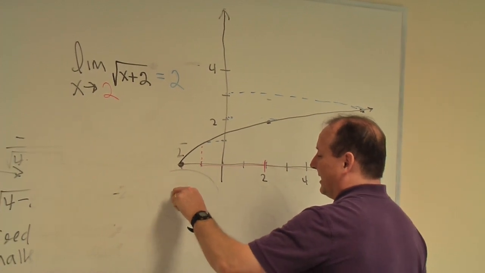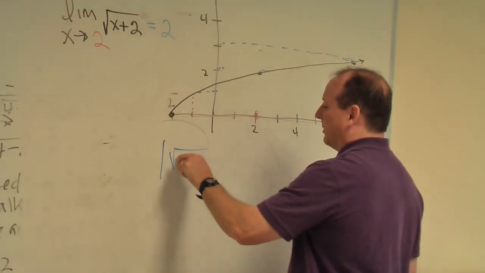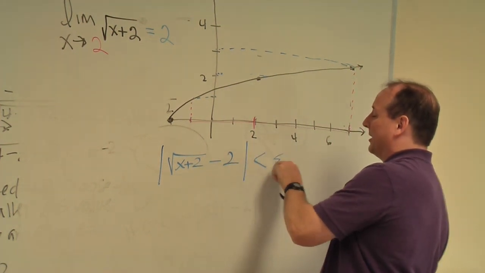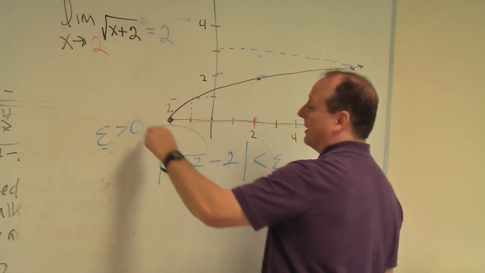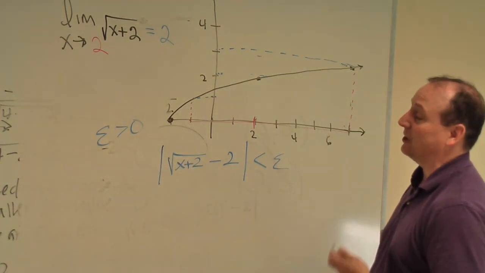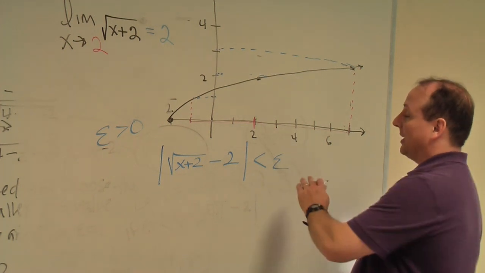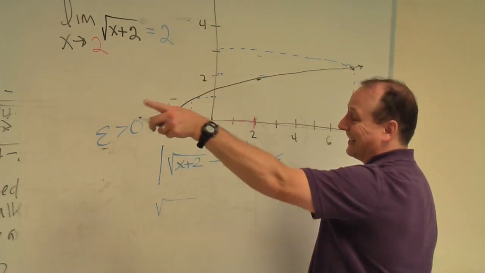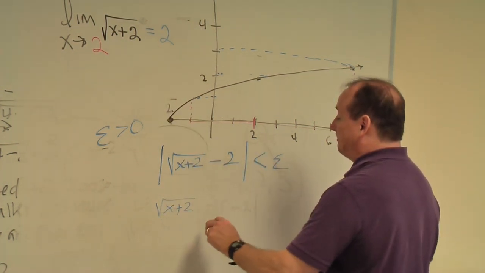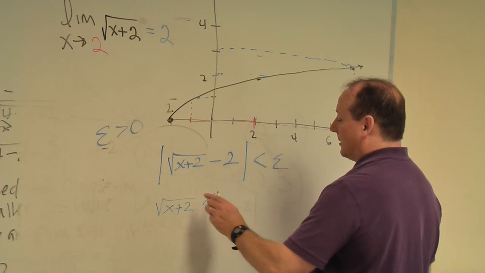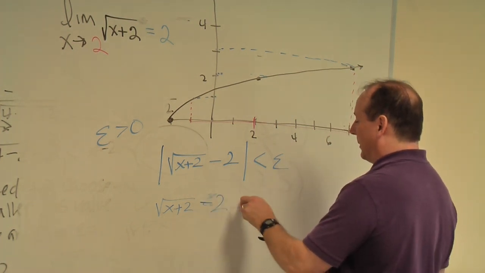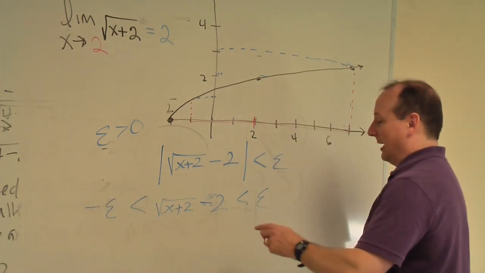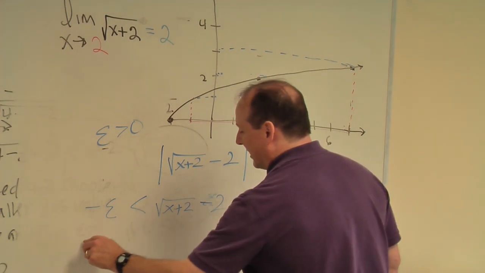So in this case, the absolute value of the square root of x plus 2 minus 2 is less than epsilon. Again, this is my scratch work. I want to figure out what delta I need to use for my proof, so I'm just going to do the math here. This isn't like that nice line where I can just factor out a number, so I have to actually pull the absolute values. I'm going to add 2 to both sides.